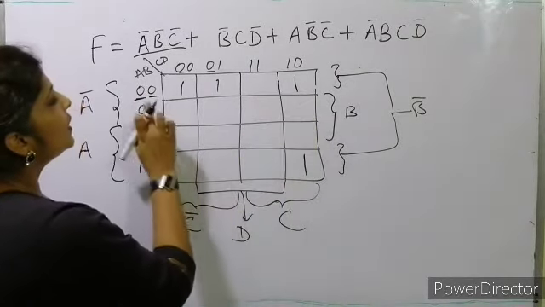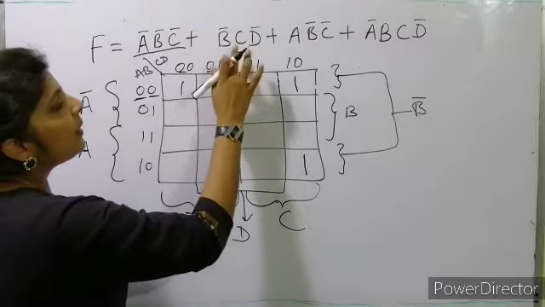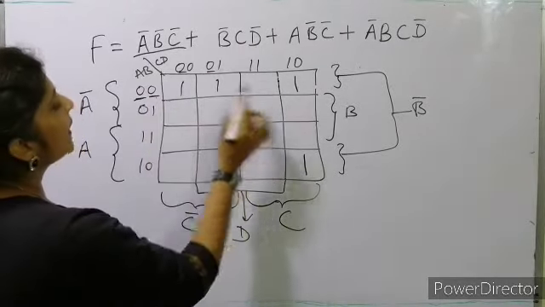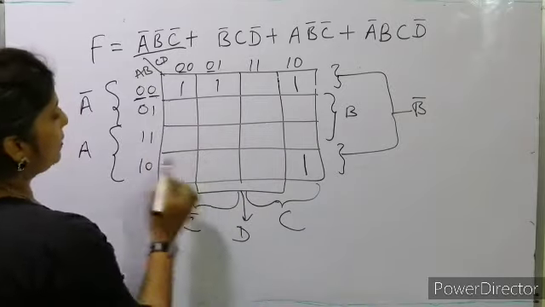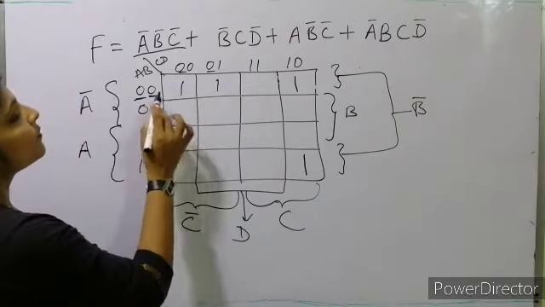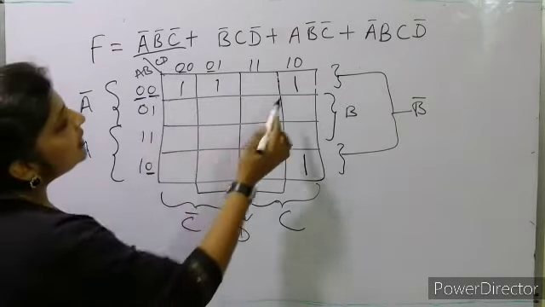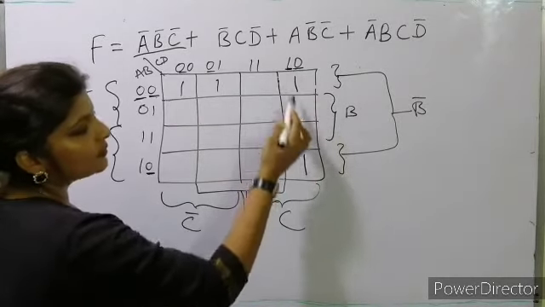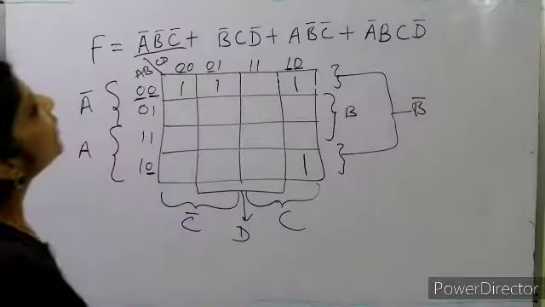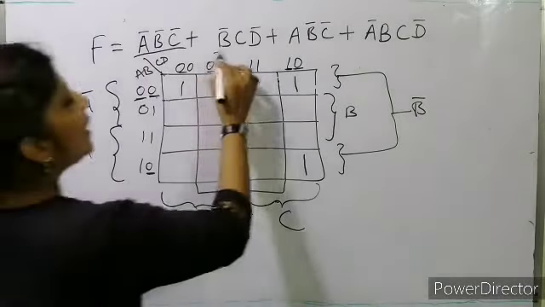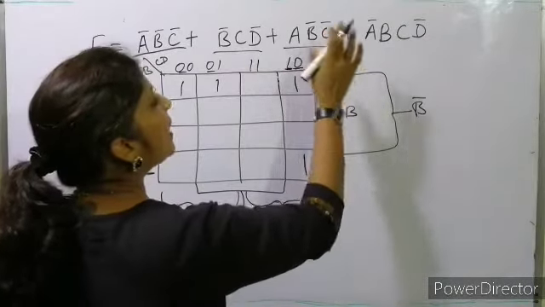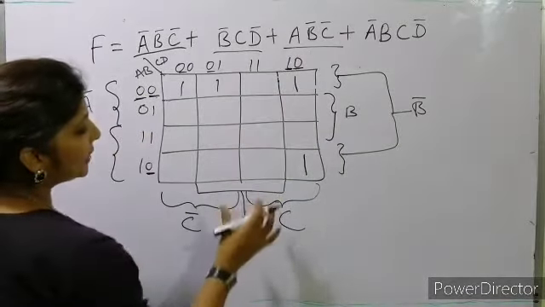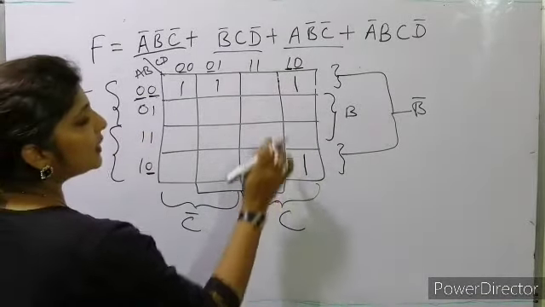Now we'll check b bar c d bar. Here b bar is there, b is 0, and c and d bar, this one is c 1, and d bar, correct. Now the next one, a, so this is done. Now this one, a b bar c bar: a means these two rows, and b bar means this and this.